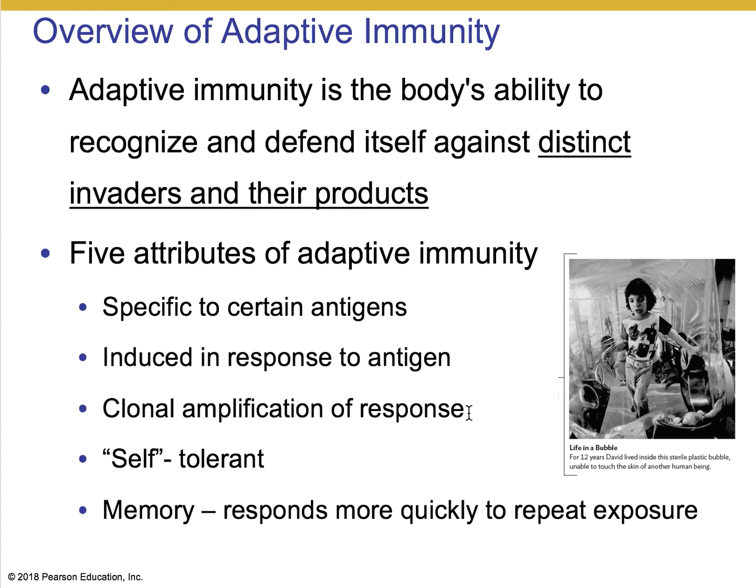And in this process, many copies of the cells which serve to detect the invader are produced. A very important aspect of adaptive immunity is the fact that it needs to be self-tolerant, that is, does not react against the body's own proteins and products.